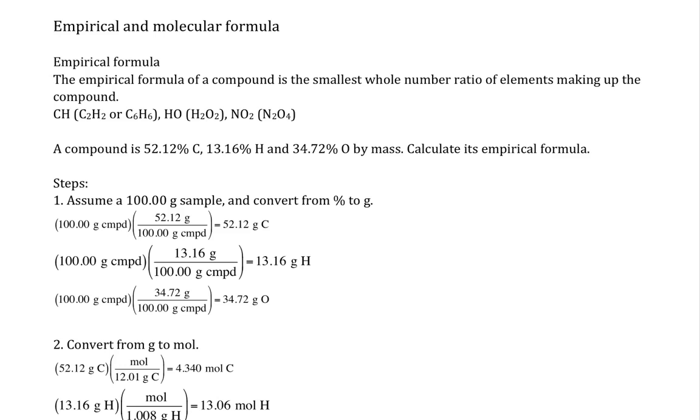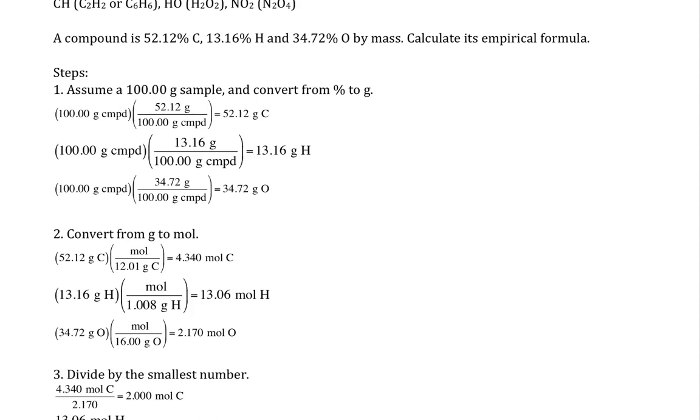Another empirical formula is NO2. So that's saying one N for every two O's. Now, NO2 is a compound. It really is. So maybe that empirical formula is the molecular formula, but it could also be N2O4 because that's also got the 1:2 ratio.